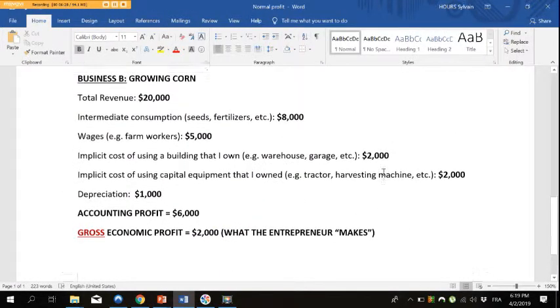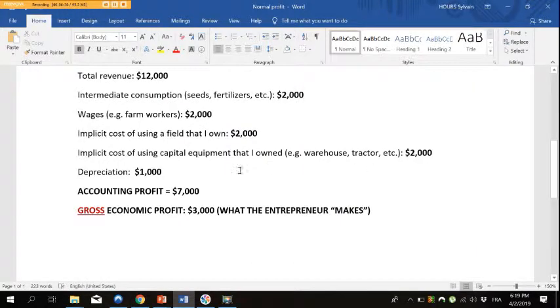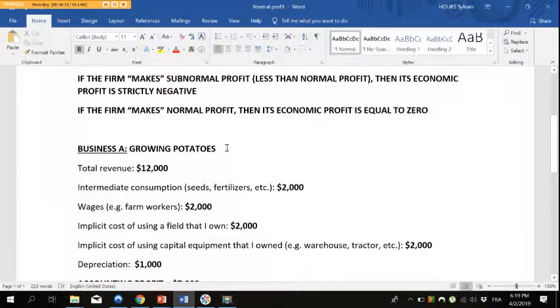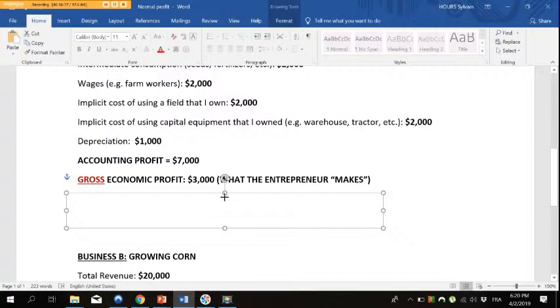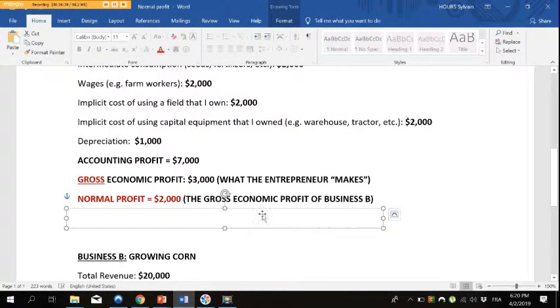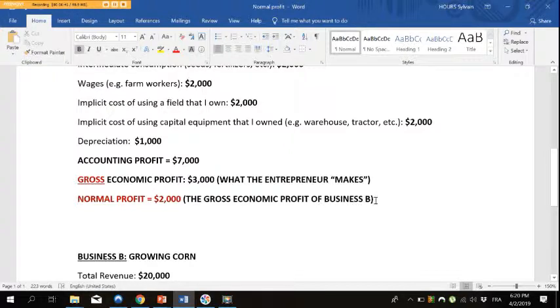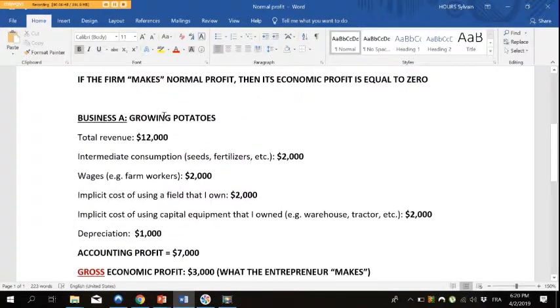In other words, the implicit cost of entrepreneurship when this farmer chooses business A is equal to $2,000, the normal profit, which is the gross economic profit of business B. What I give up, the profit that I give up when I choose to grow potatoes.